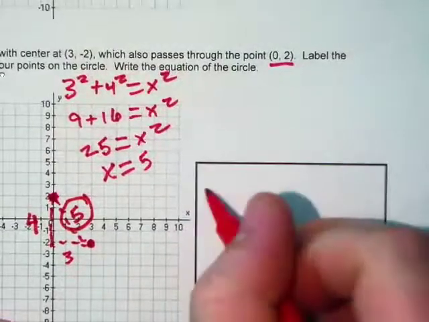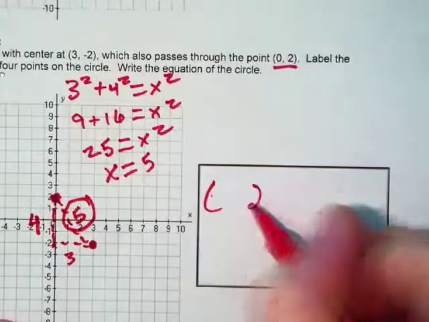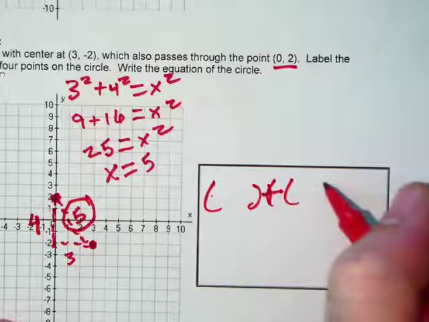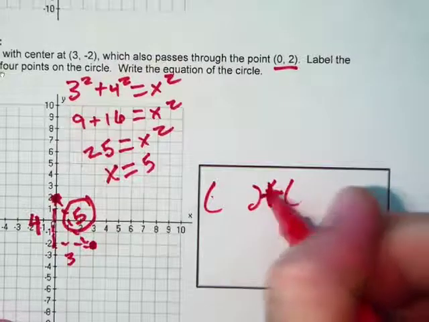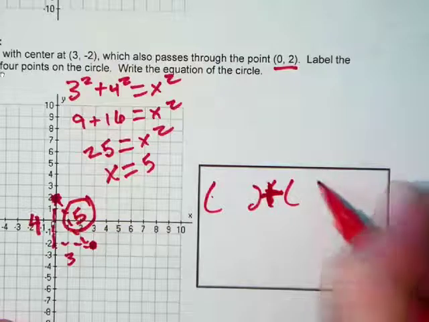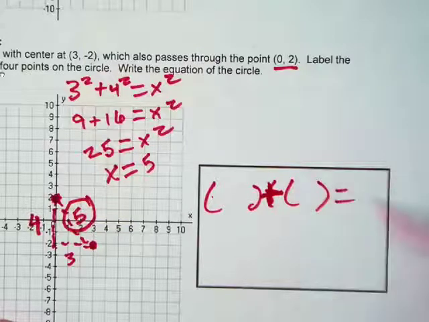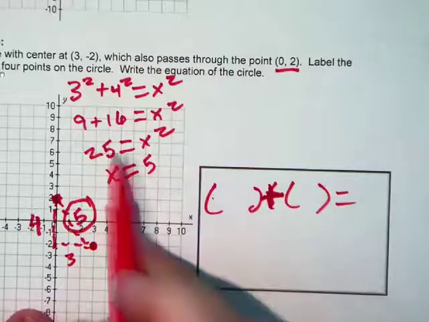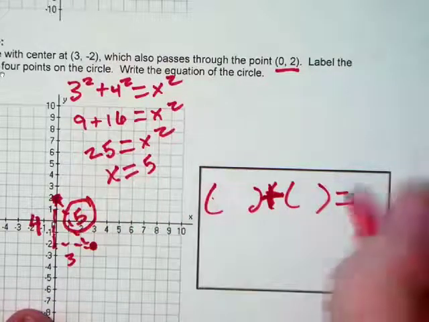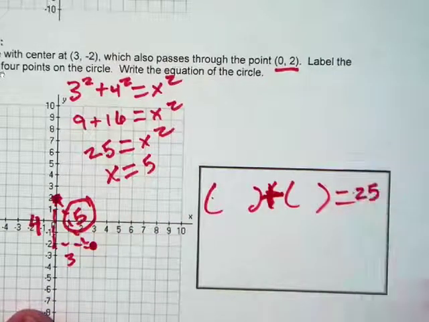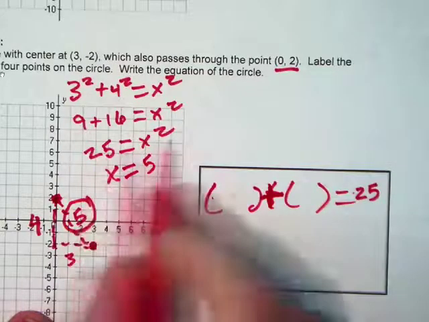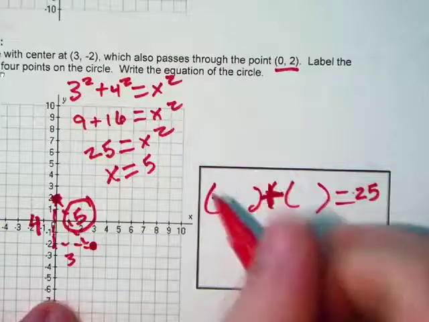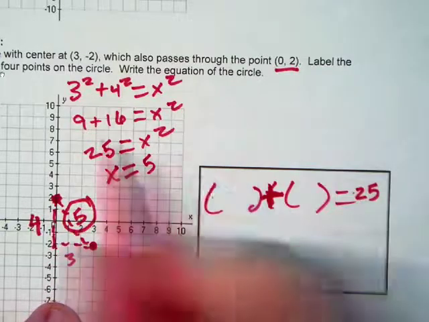So our equation is 2 parentheses separated by a plus sign, and then equals the radius squared. Okay, well, the radius squared is 25. We get that from 5 times 5, just before that step right there. And we have x minus, what's our x coordinate?